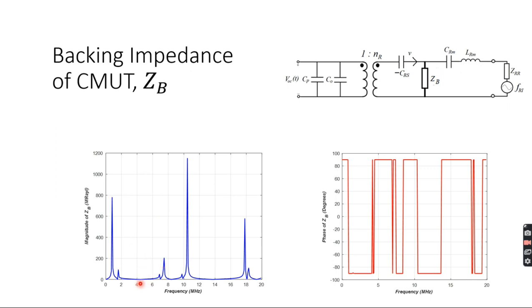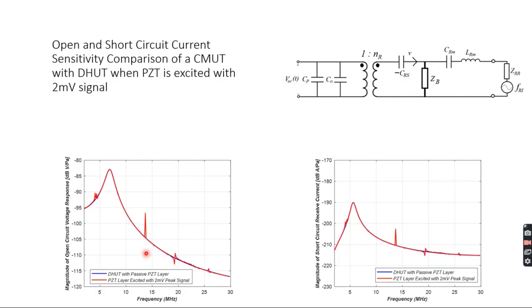But in the frequency ranges where the magnitude is very small, the CMUT sees ZB as a soft backing, and then it reconfigures its response. So if this impedance is introduced right across the transduction force in the model, that's how it looks. These are the transfer functions.